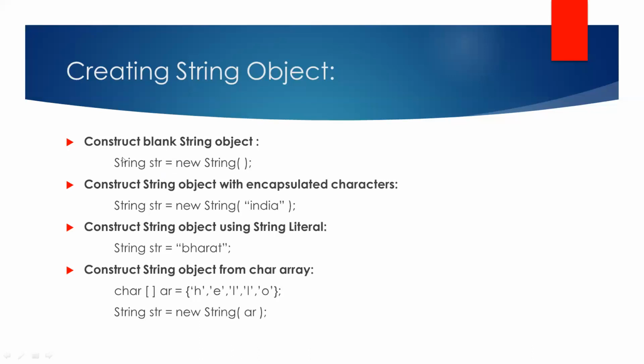I am writing java.lang.String str is equal to new String, and we already know how to create an object of a class: class name, reference, equals, new, and the class constructor. And as we know, constructors can be overloaded.